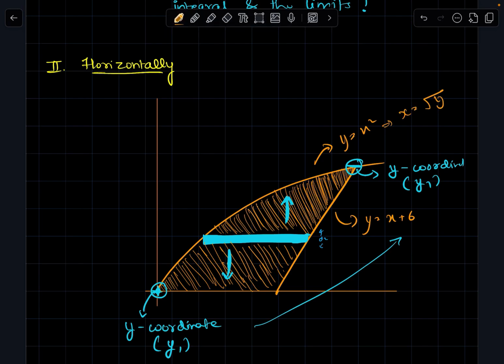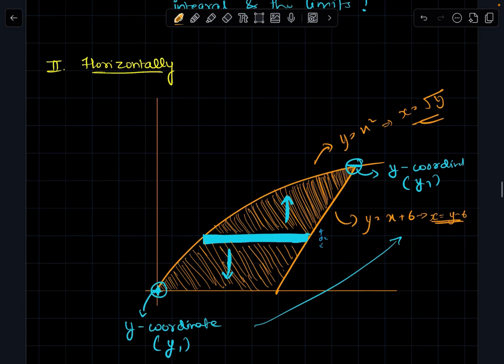And instead of y is equal to x plus 6, it should be x is equal to y minus 6. So your functions should be in the form of x is equal to y something. Instead of y is equal to x something, you should isolate x so that it becomes a function in y. That's how we're going to integrate horizontally.